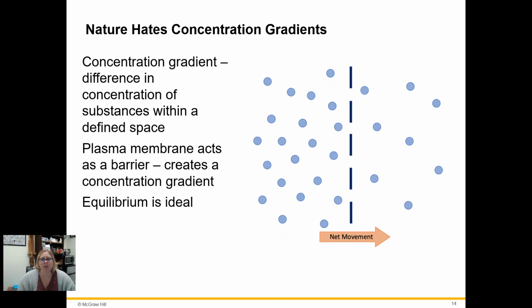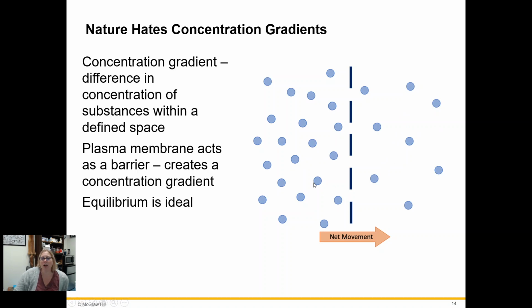A concentration gradient is a difference in concentration of substances within a defined space. So basically what this means is that I can have a high concentration on one side, and nature would really like for either side of whatever that barrier is to be equal. Nature wants them to be equal.